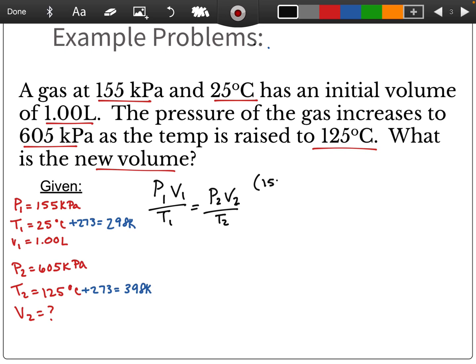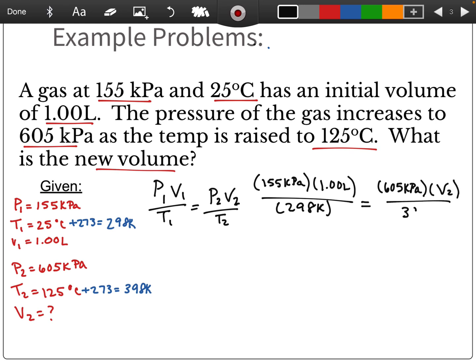So P1 is 155 kPa, times V1, which is 1 liter, over T1, which is 298 Kelvin. That's equal to our second pressure, which is 605 kPa, times our second volume, which we don't know, over our second temperature, which is 398 Kelvin.